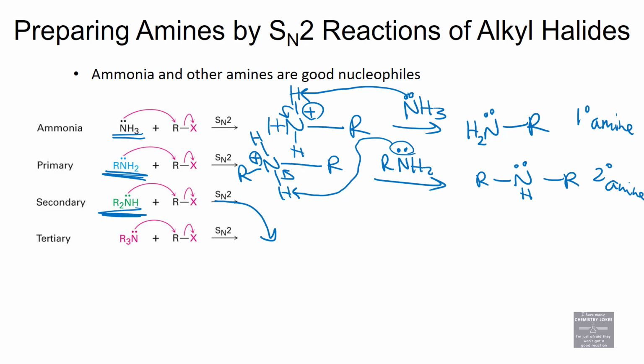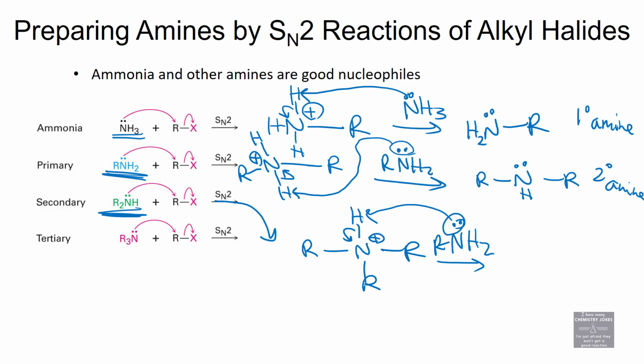That secondary amine can become this and have 3 R groups connected with a positive charge because it's got 1 H left. And some of your primary amine, secondary amine, and ammonia, something that's left over in solution, can act as a base to deprotonate that thing and make you this NR3. This is a tertiary amine. And look, even tertiary amines can undergo SN2 substitution to get you here.